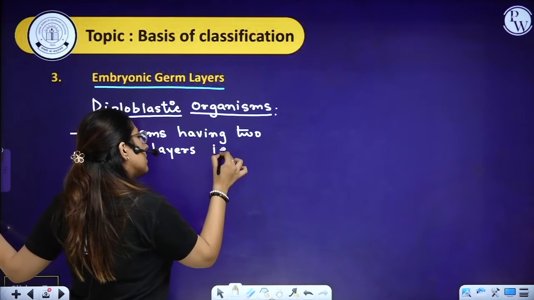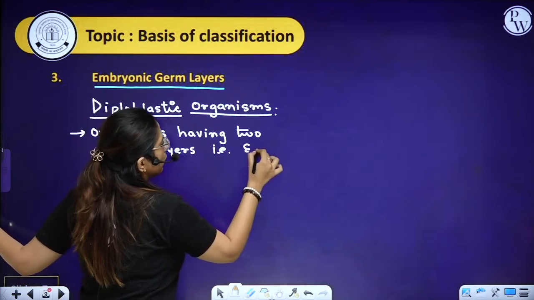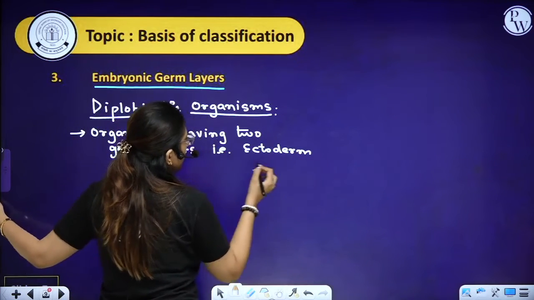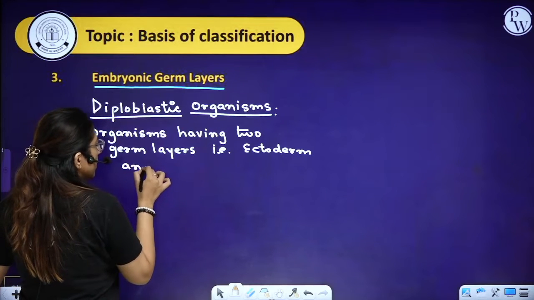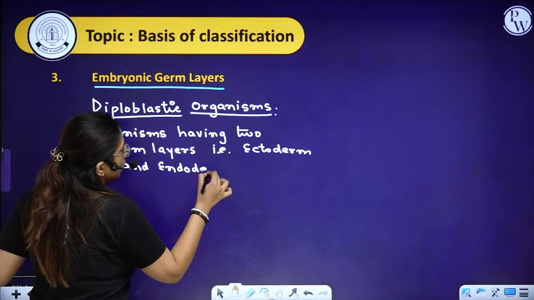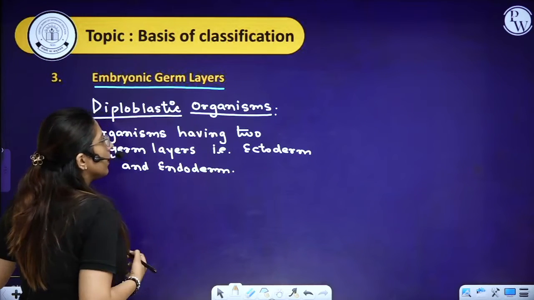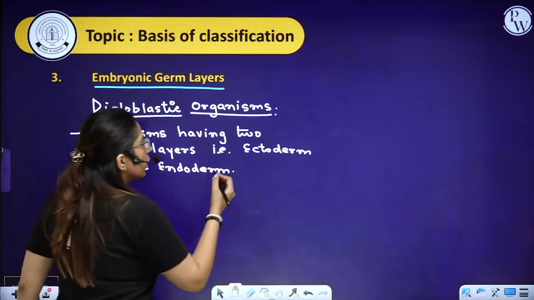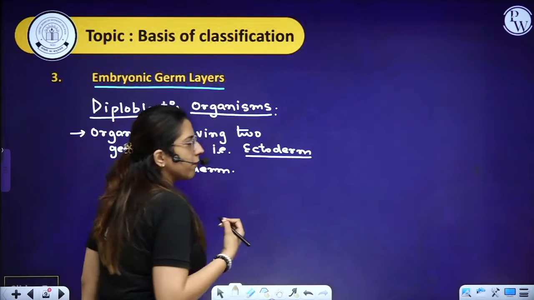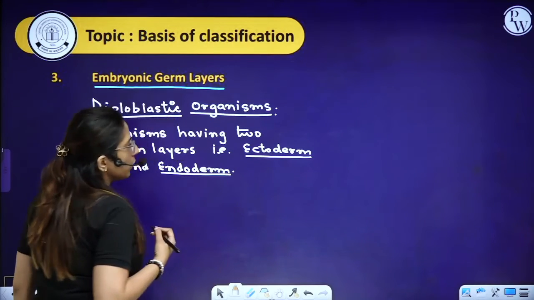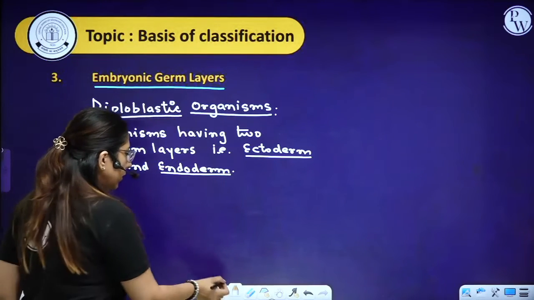That is what? The ectoderm, and the next one is endoderm. Ectoderm and endoderm. Clear? So ectoderm, the name itself indicates, will be present towards the outer side, and the endoderm will be present towards the inner side. Let's have a look.